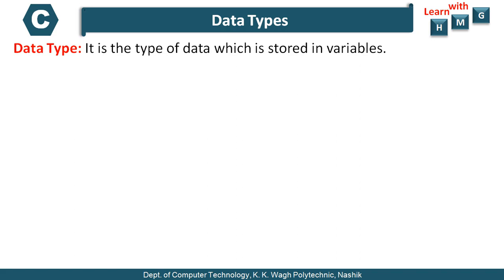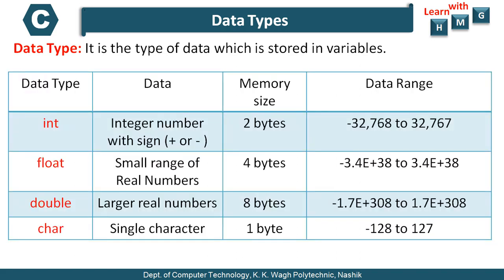So which are these data types? These are the 4 basic data types in C, also called primary data types, or basic data types, or built-in data types: int, float, double, char. The int data type is used for integer values with sign, that is positive or negative.